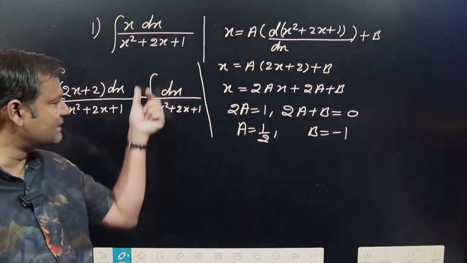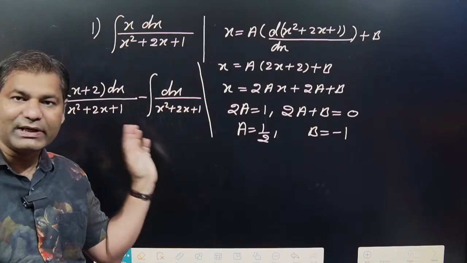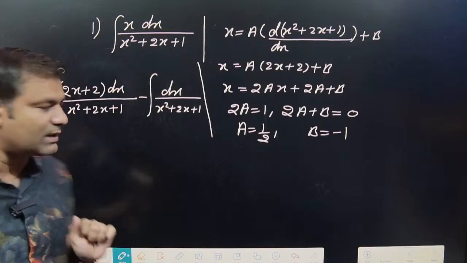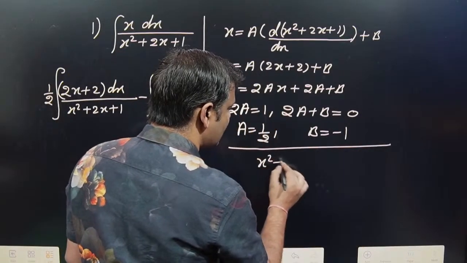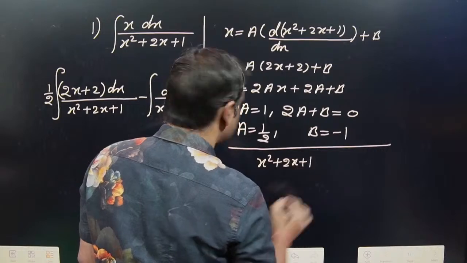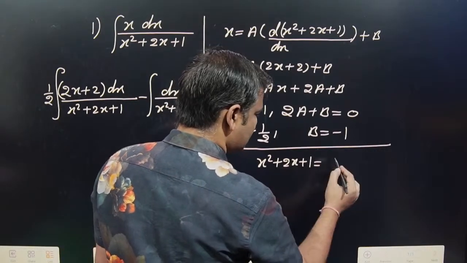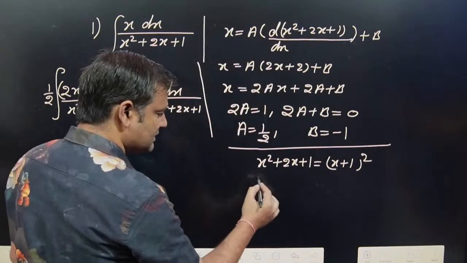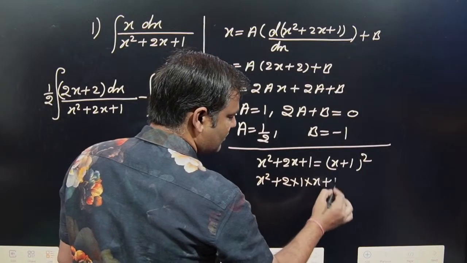But how can you integrate this other part? If a quadratic expression is given like that, first make a perfect square. How do we make the perfect square? x square plus 2x plus 1 is basically x plus 1 to the whole square, because x square plus 2 into 1 into x plus 1 square.